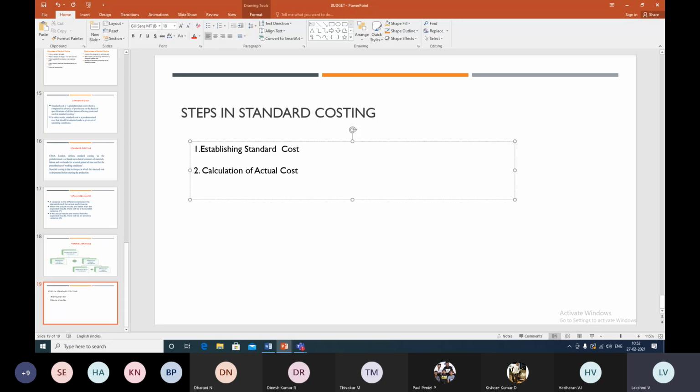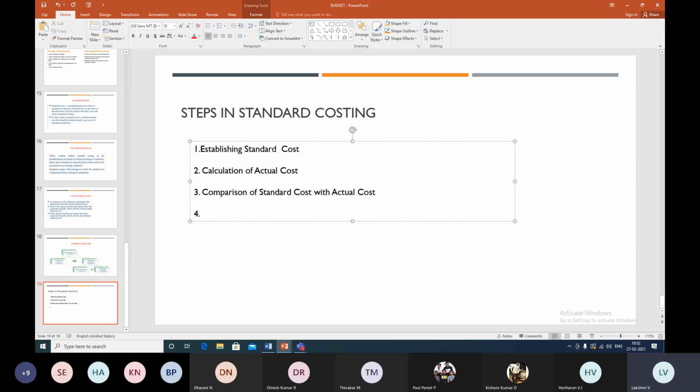And the third one will be your comparison of standard cost with actual cost, and the fourth one will be finding out any deviations arising.